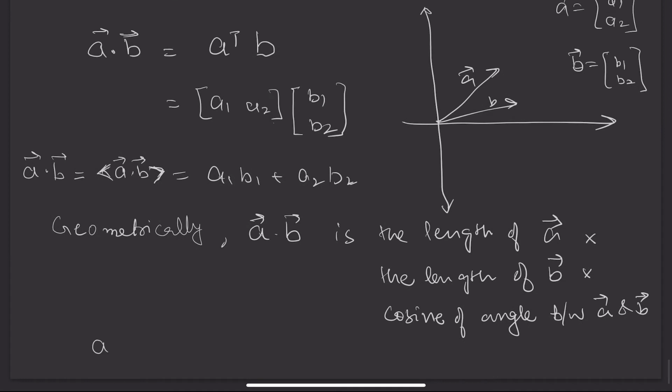So we can write A vector dot B as the length of A vector, which is this, and length of B vector, which is this. Times the cosine of the angle between them, let's say theta is the angle between them. This is the same as we have seen already, A1B1 plus A2B2.